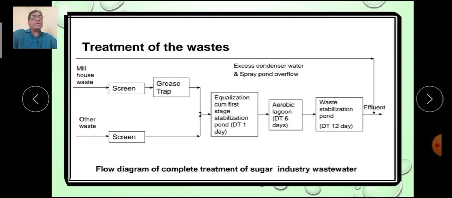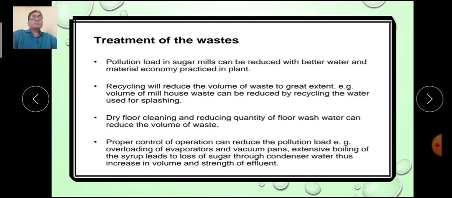This is a treatment, yes, we have seen again. Treatment of waste. There are a number of treatments. Pollution load in sugar mills can be reduced by better water and material economy in the plant. Okay.